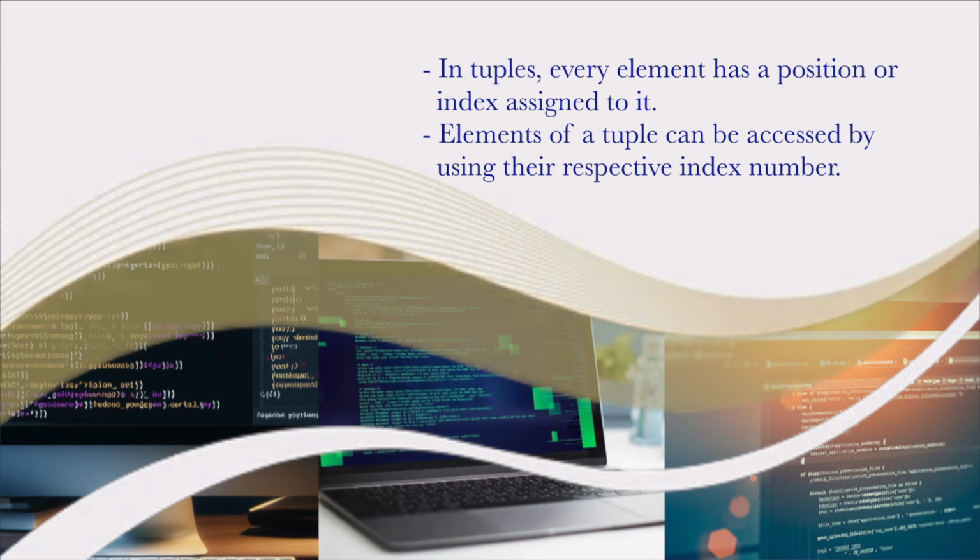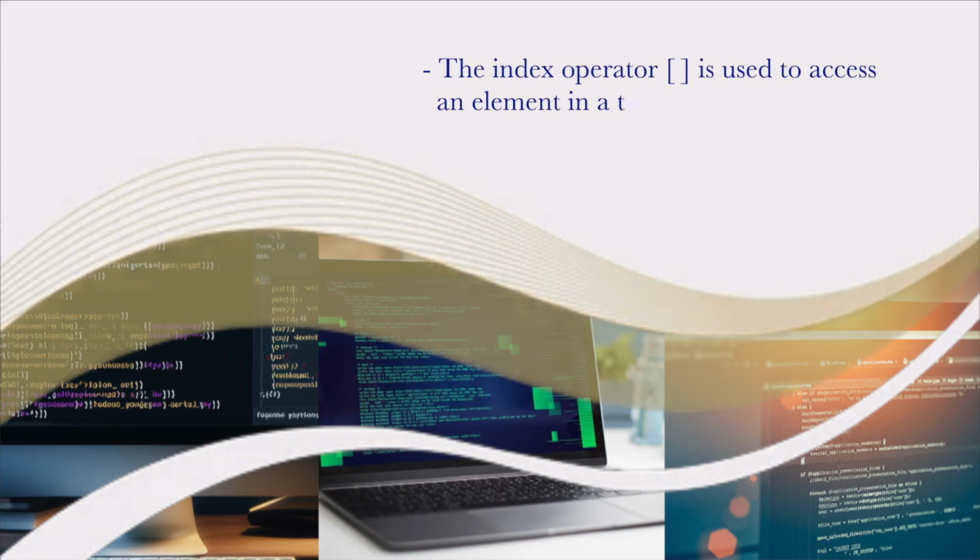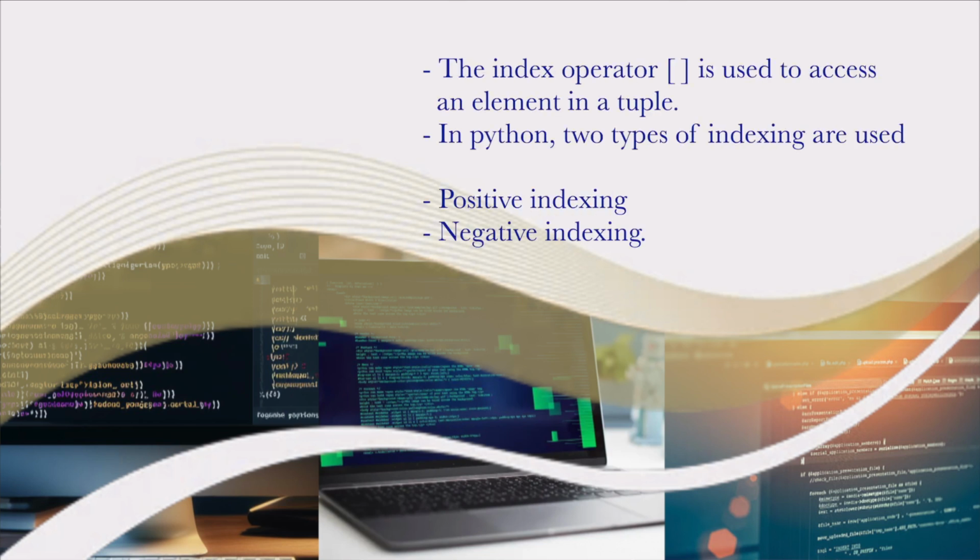So, the elements of a tuple can be accessed by using their respective index number. The index operator is used to access an element in a tuple. In Python, two types of indexing are used, and they are positive indexing and negative indexing.